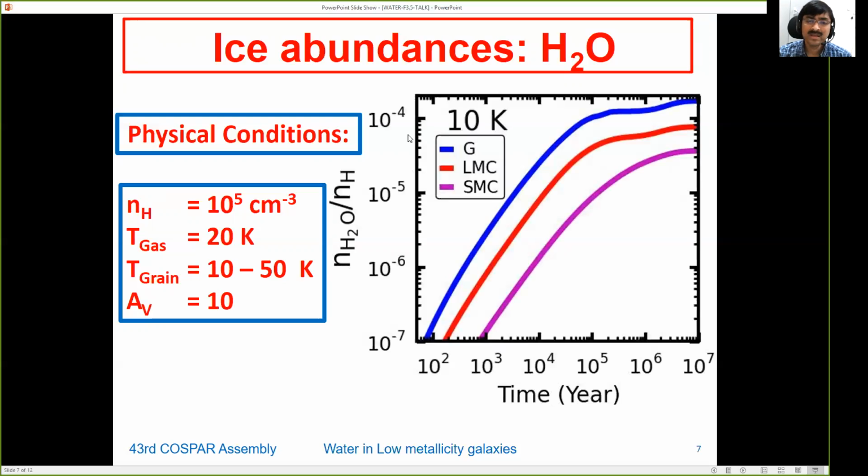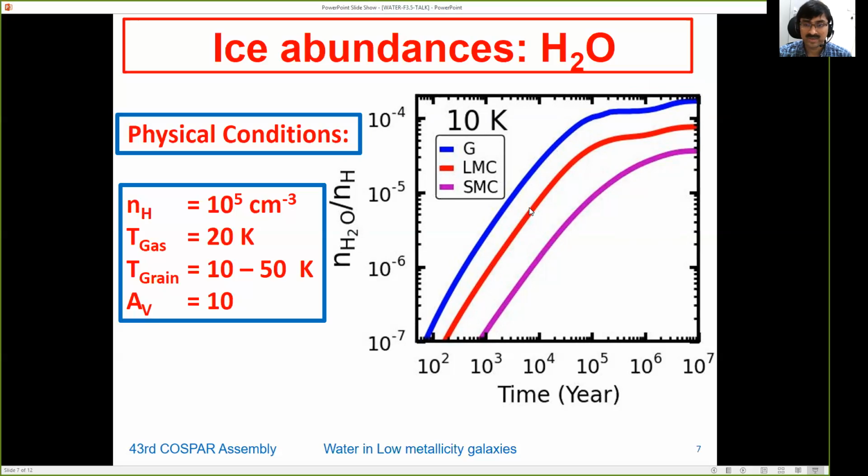Now this is the variation of water abundance as a function of temperature for galactic, LMC, and SMC star forming regions. What you can see is that water is very efficiently formed, and if you take the ratios of blue to red and blue to magenta, you arrive at a ratio pretty close to the elemental abundance ratio of oxygen.